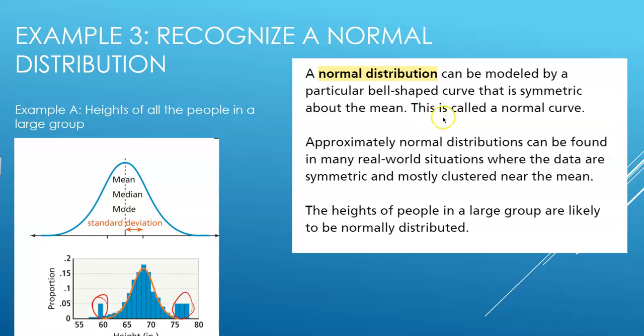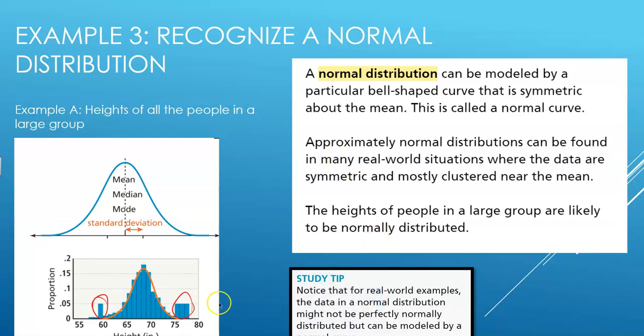And the curve is called a normal curve. It's called normal because there are many, many real-world situations where this happens. And we get a lot of the data, it's symmetrical, and most of it's clustered near the mean. And the heights of people in a large enough group are likely to be normally distributed.